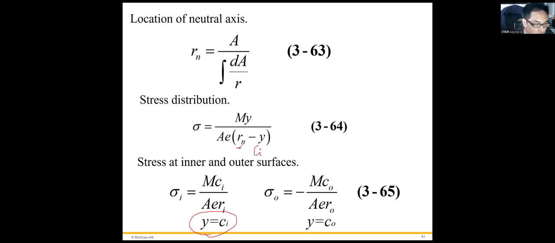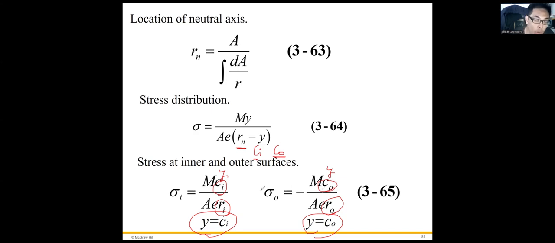So Rn minus ci equals Ri, right? Similarly, when y equals co, Rn minus co equals Ro, right?